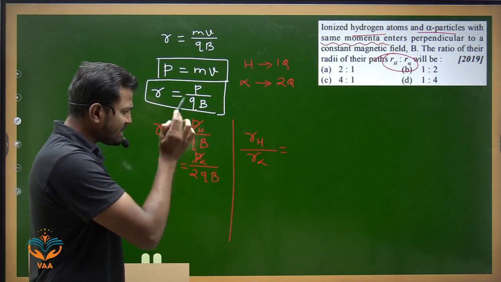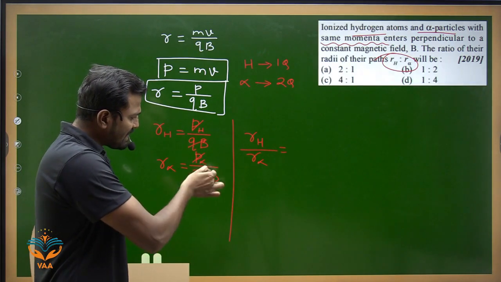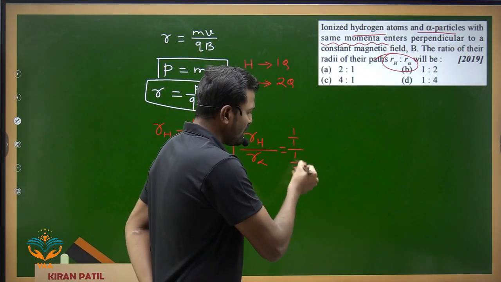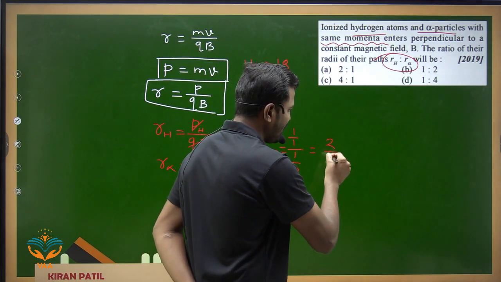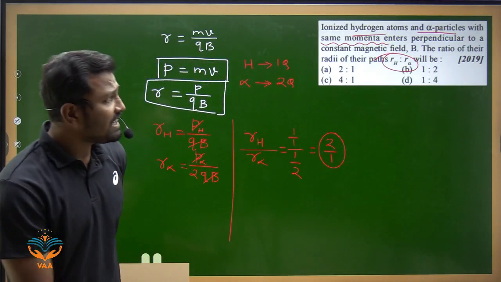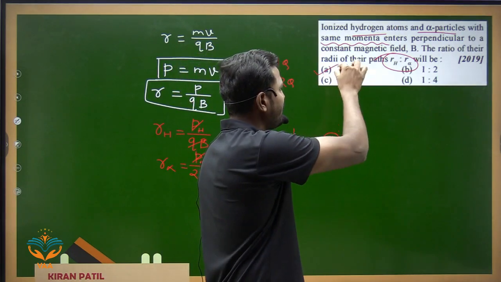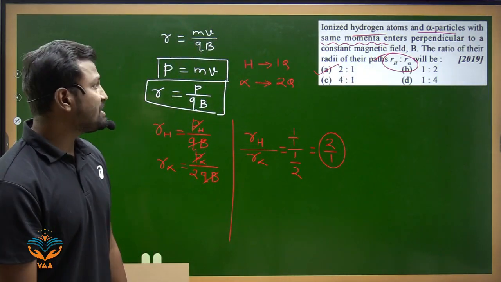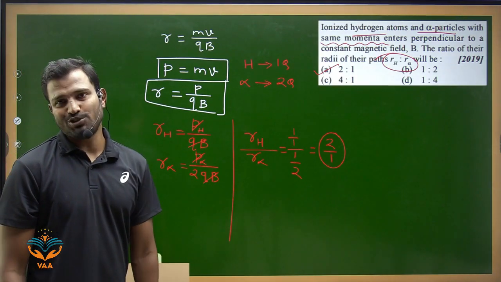As both momenta are the same, they cancel out. So it is 1 upon 1 by 1 upon 2, which is nothing but 2 by 1. So option number first is correct in this case. Very simple question. You can pause the video and write the solution.